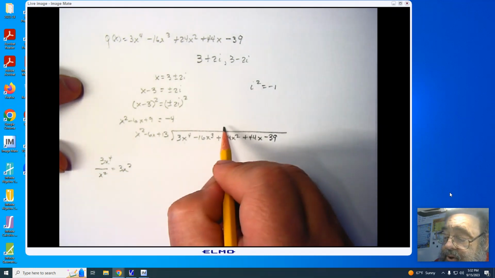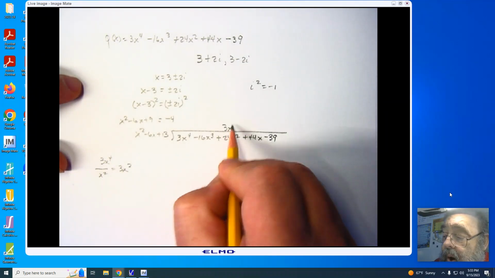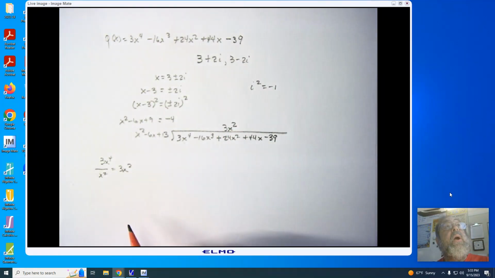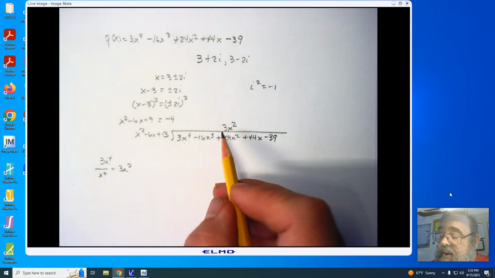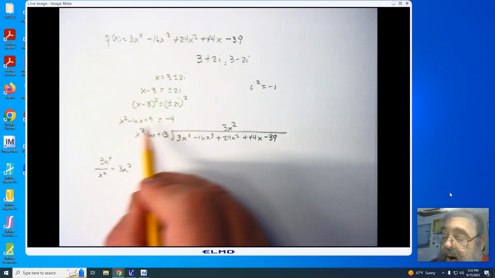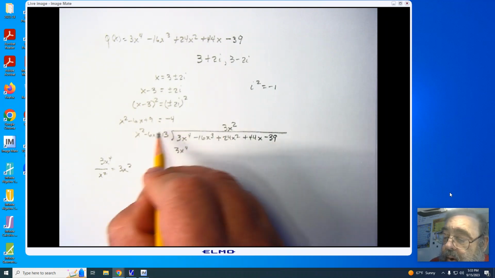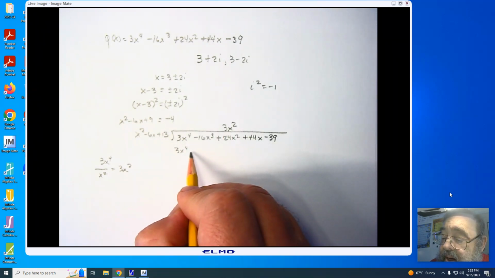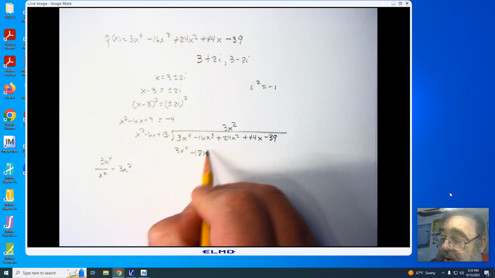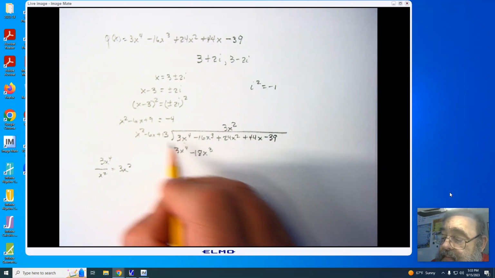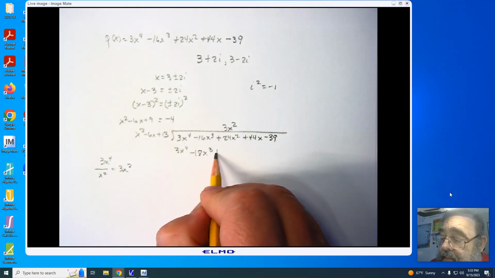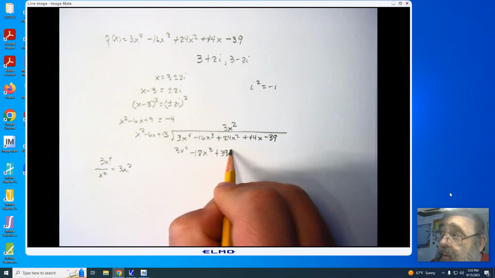We're now going to make sure that we put the 3x squared over the x squared in our division. We're now going to distribute. 3x squared times x squared is 3x to the fourth. 3x squared times negative 6x is minus 18x cubed. 3x squared times 13 is going to give me a positive 39x squared.